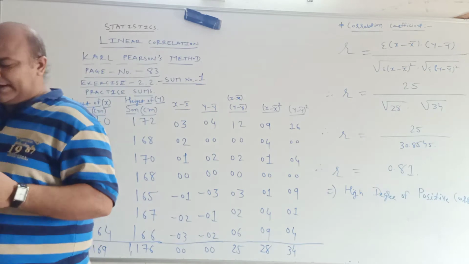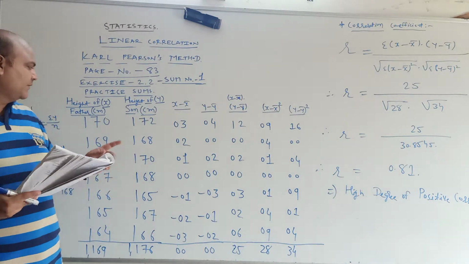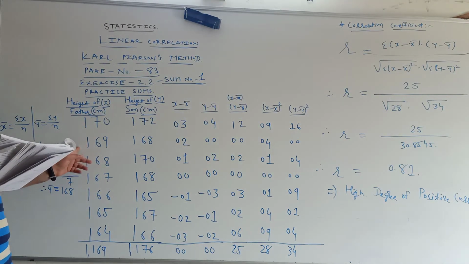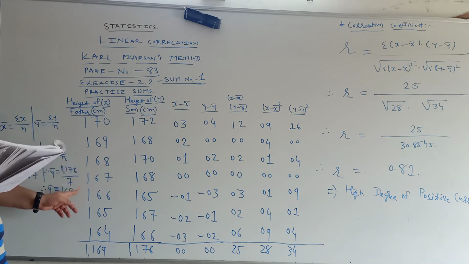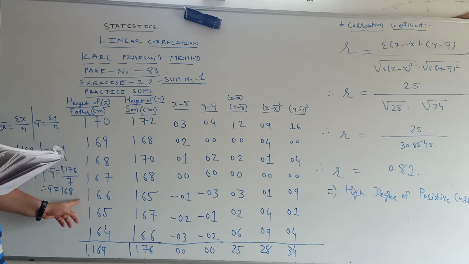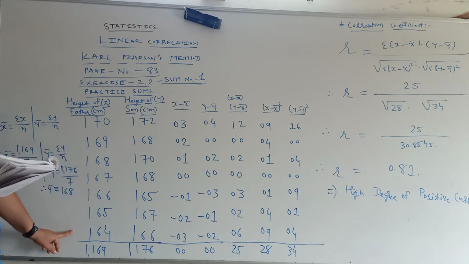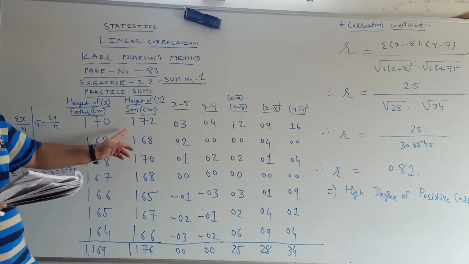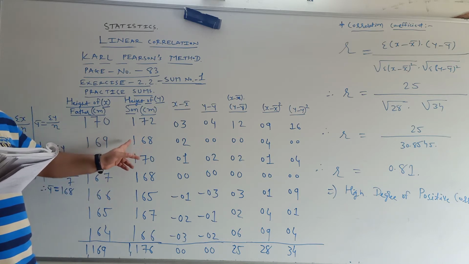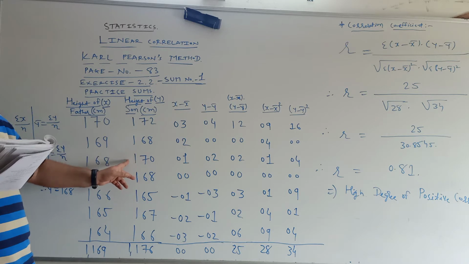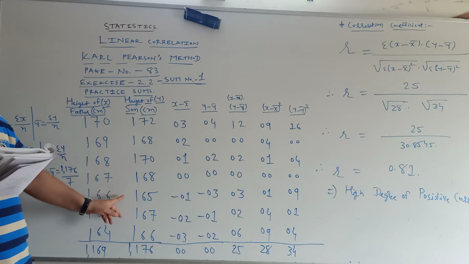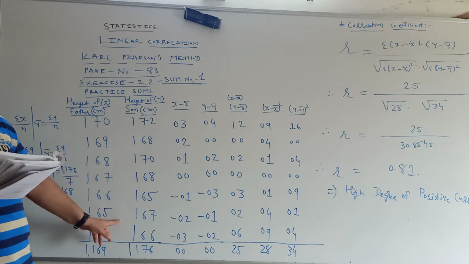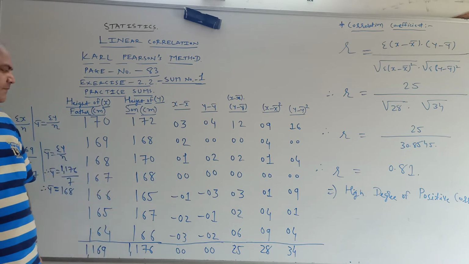Now, height of father is 170, 169, 168, 167, 166, 165 and 164. And height of son is 172, 168, 170, 168, 165, 167 and 166.